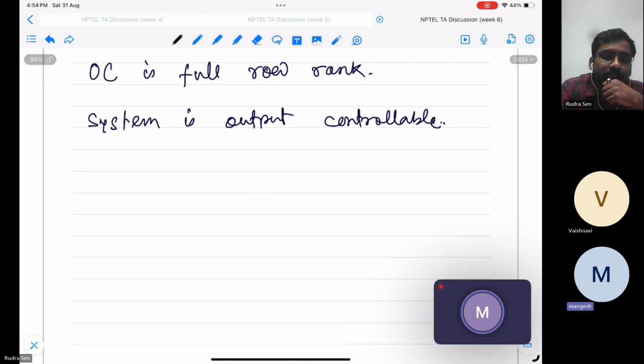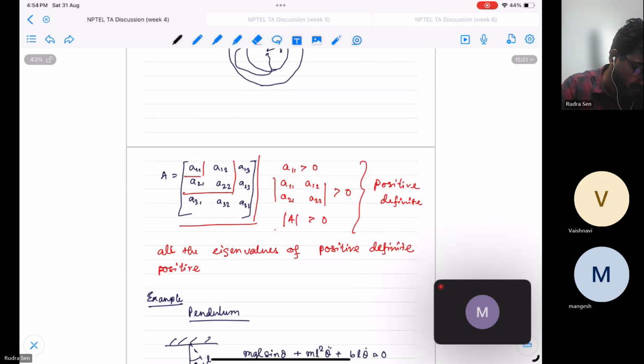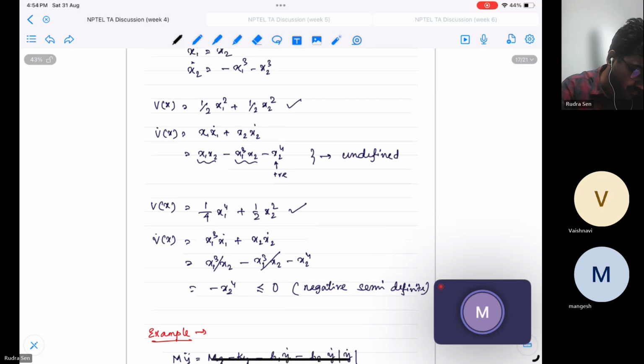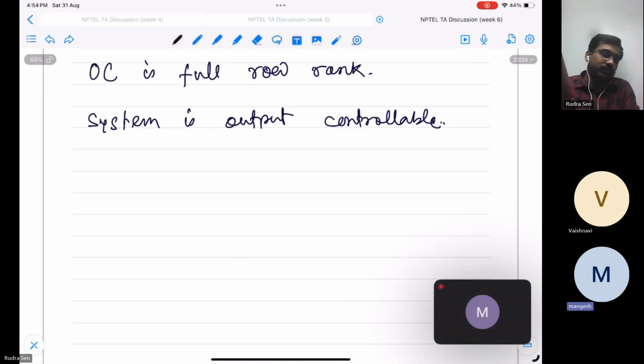Assignment number 4. Actually, the Lyapunov function is not given, and that I have assumed. So you are basically given a system, nonlinear or linear, and you are asked to find the stability or instability, whether the system is stable or unstable, right?